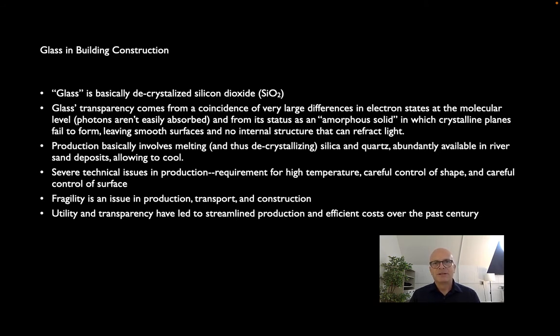But the key thing about silicon dioxide is not only that its molecular structure makes it basically pervious to light, so photons can get through, whereas in other molecules, photons tend to bounce off of electron clouds for reasons that have to do with atomic physics, and they're too complicated to get into here. But on a sort of mechanical level, glass is what's known as an amorphous solid.